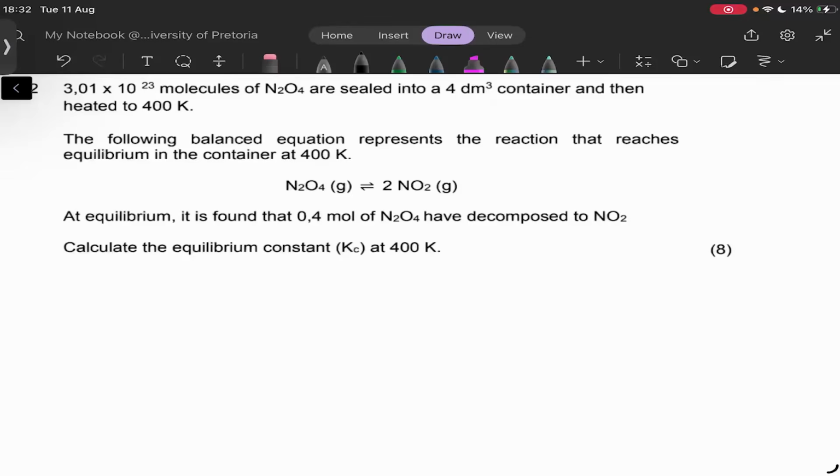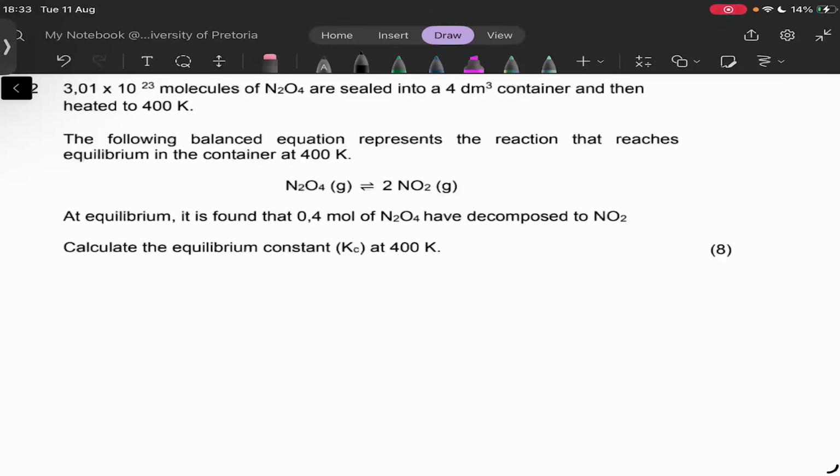The following balanced reaction represents the reaction that reaches equilibrium in the container at 400 Kelvin. At equilibrium, it is found that 0.4 moles of N2O4 have decomposed into NO2. Calculate the equilibrium constant, Kc, at 400 Kelvin.